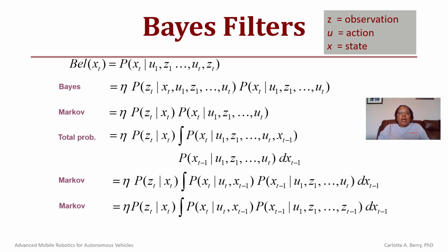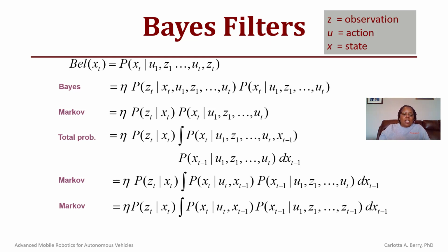So eta becomes the probability of the current sensor reading zt given state xt, times the integral of the probability of the current state given the current control and the previous state, times the probability of the previous state t minus 1 based upon all of those inputs and sensor readings up to t minus 1.